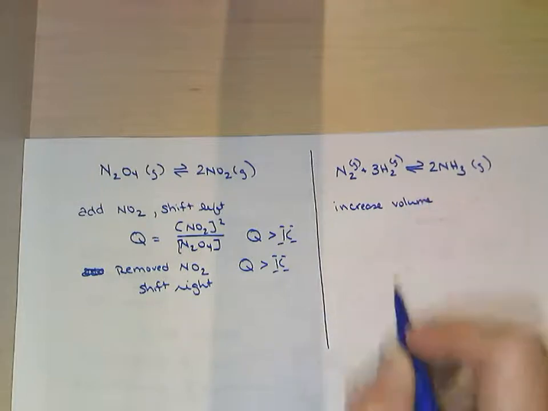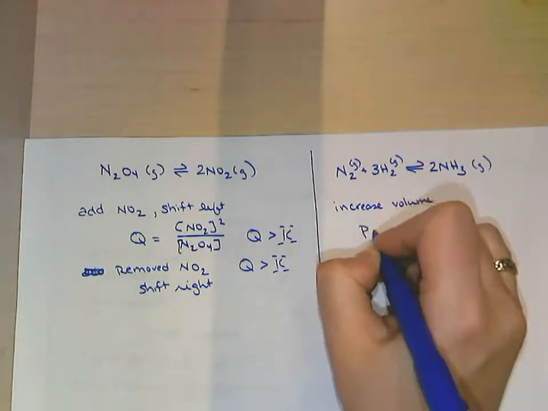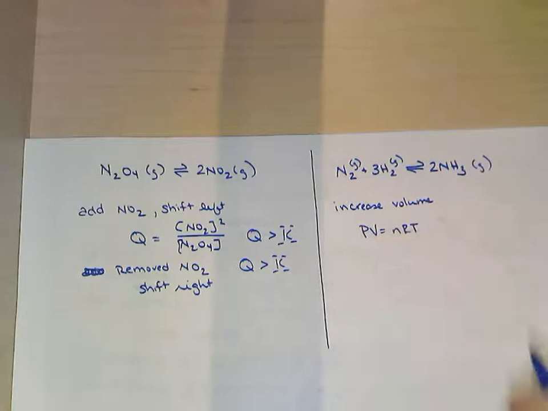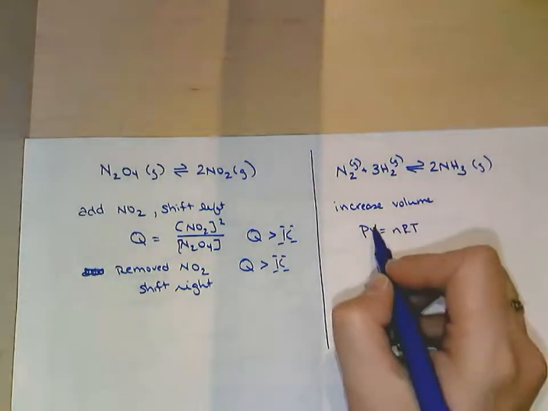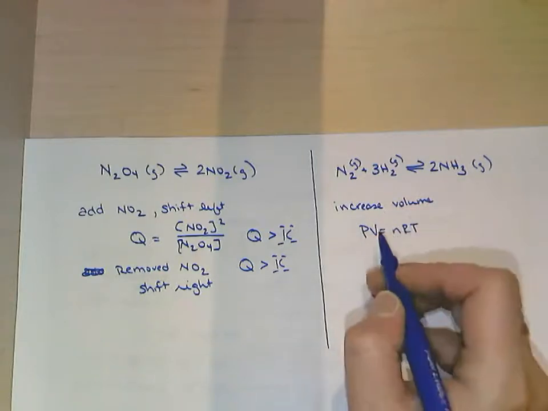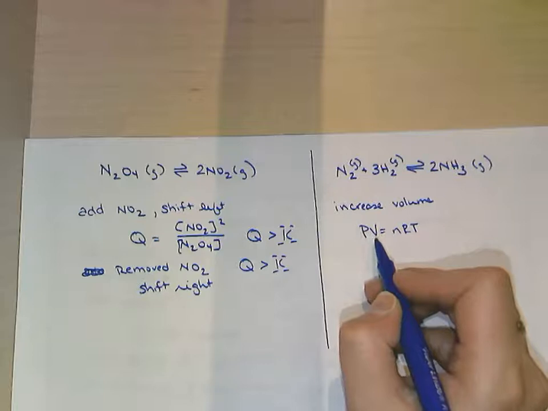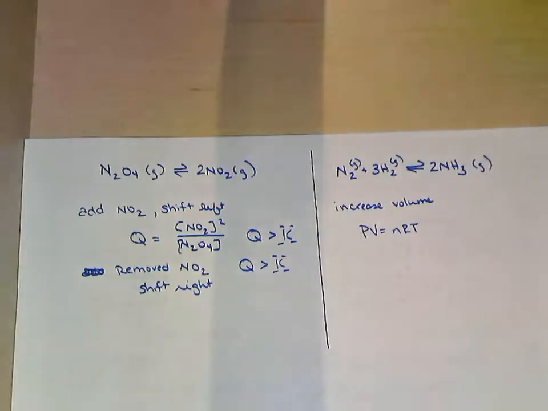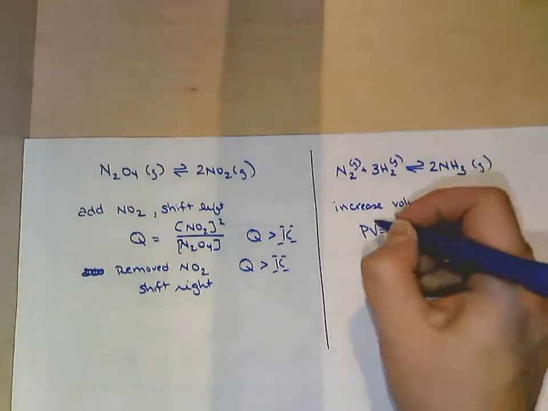Using our PV equals nRT equation, I have increased the volume, so I've decreased the pressure.